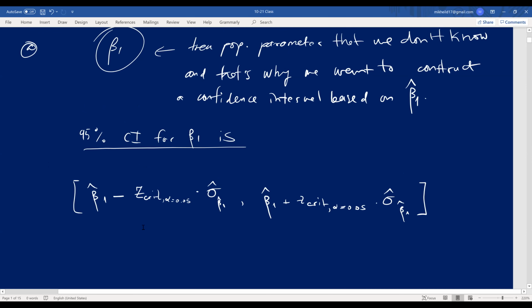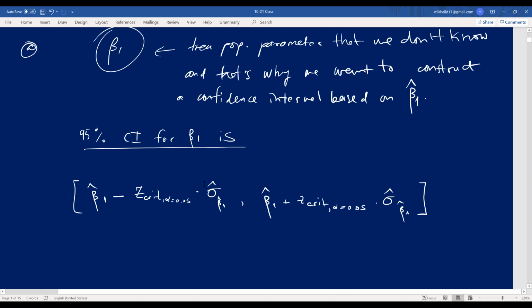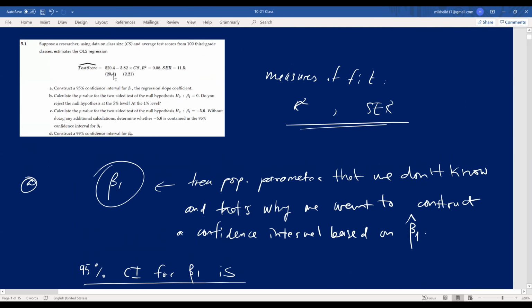So, do we have all this information in this problem? We don't have the standard deviation, but we do have the estimated standard deviations of the estimated betas. This 20.4 in the parentheses is the estimated standard deviation of estimated beta 0.